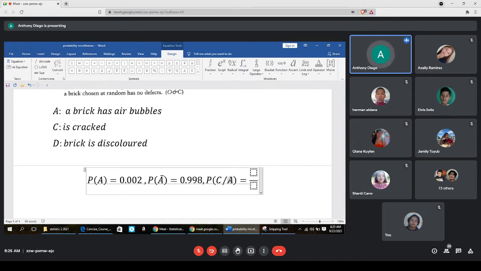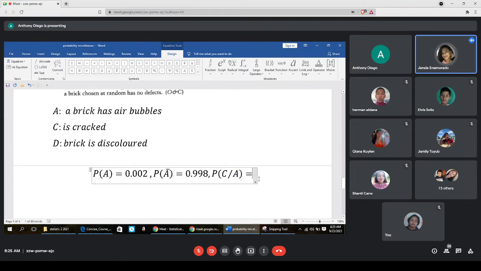It's telling you that it has air bubble and it is also cracked. So that will be equals to, oh, they give a value for this. Sir, isn't Shanti right? You're going to do C intersecting A, and then divide it by the probability of A?